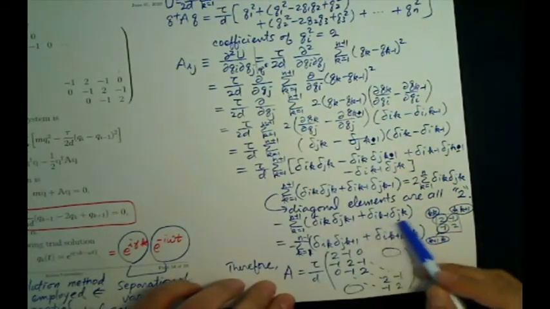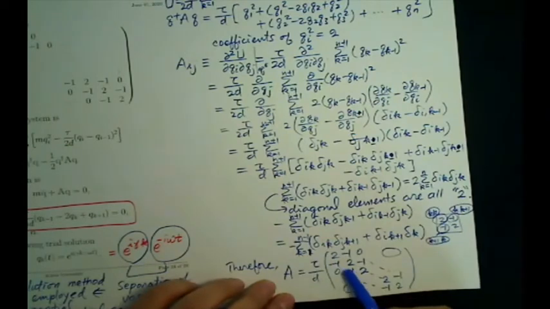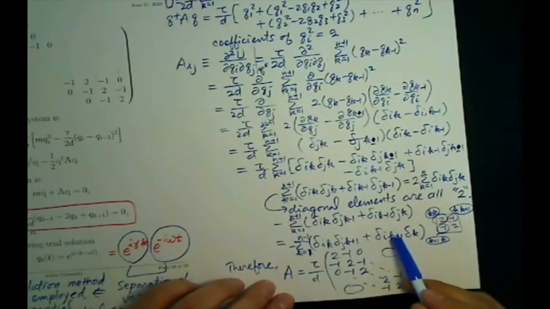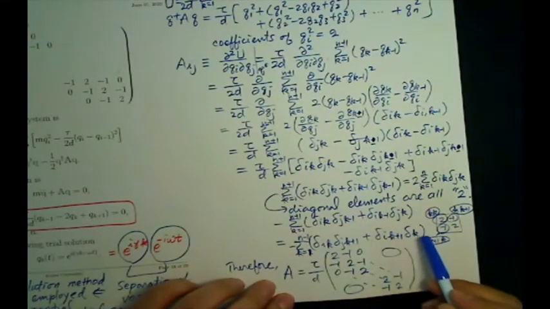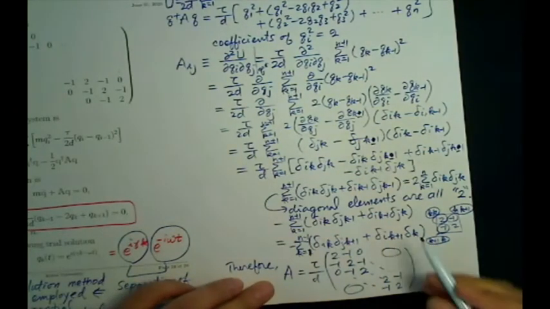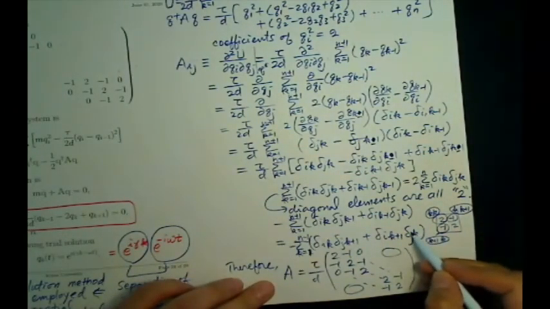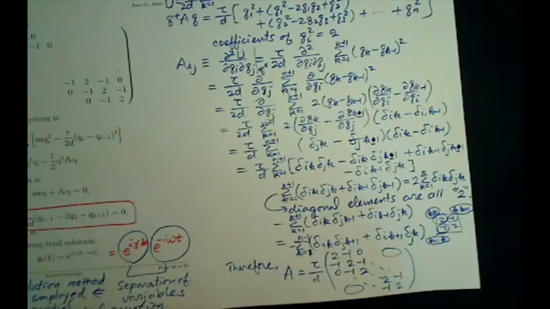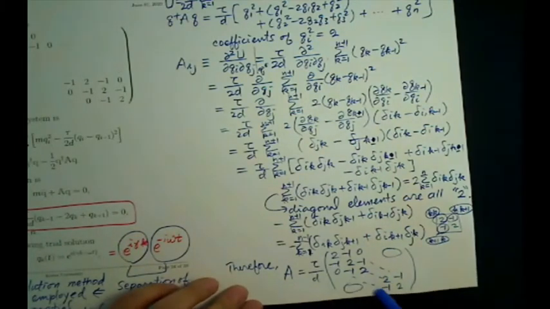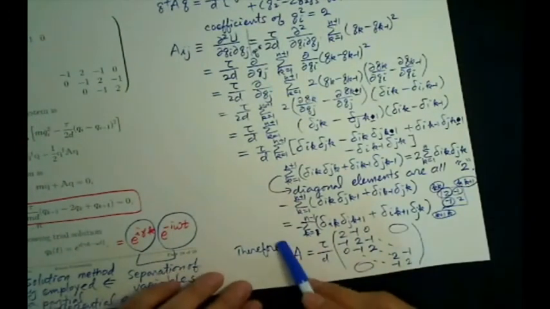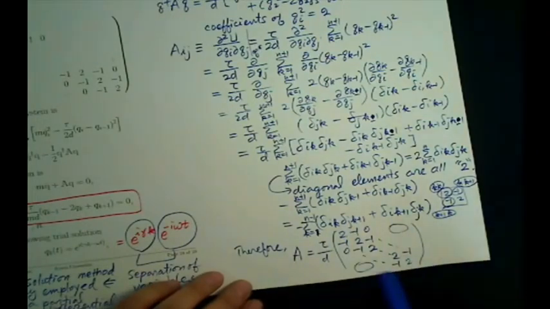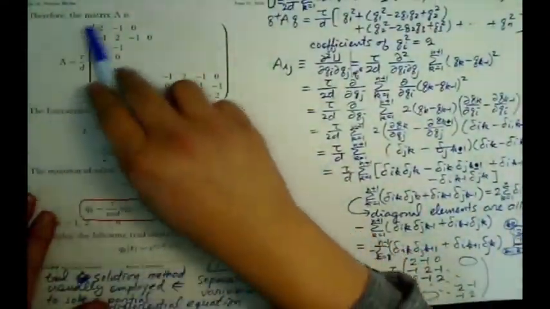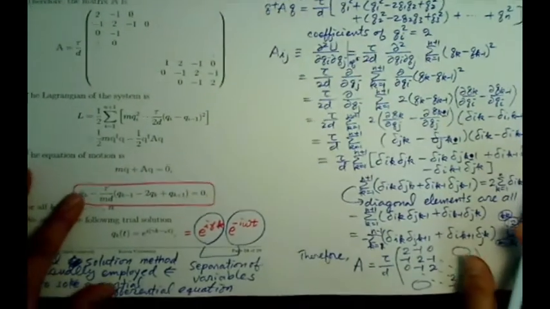And all of these are represented by this one, because i is greater than j by 1. Then this is all minus 1. So we have reproduced this potential energy tensor exactly.